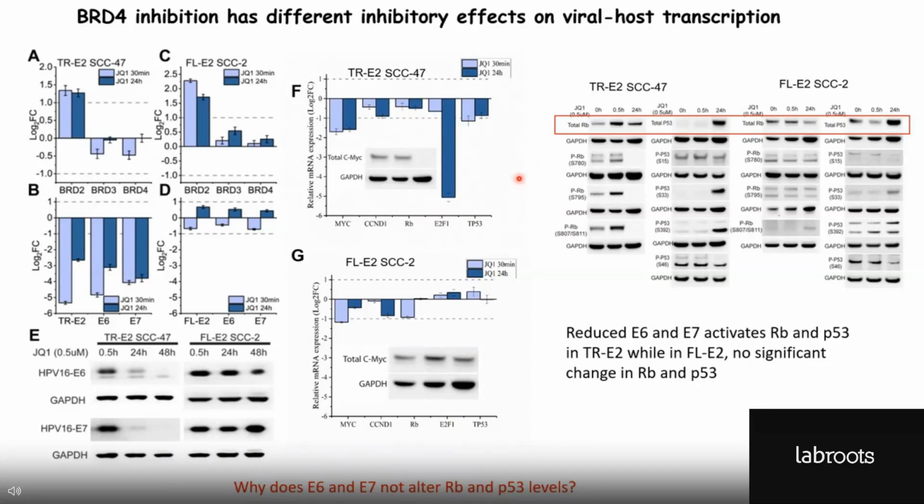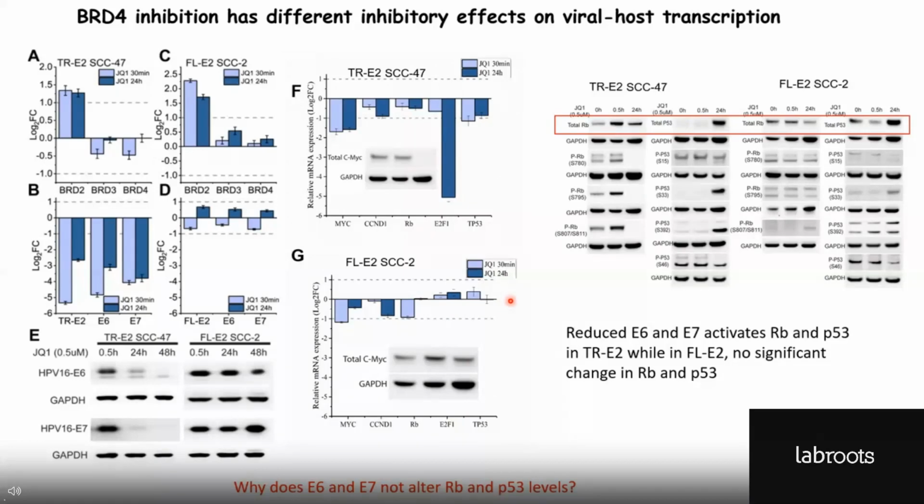So overall, it suggested to us that when E6 and E7 were downregulated, RB and p53 were also downregulated, while in this particular case, RB and p53 were not significantly affected at 24 hours, as you can see over here.